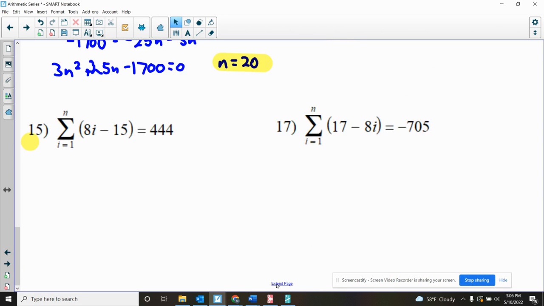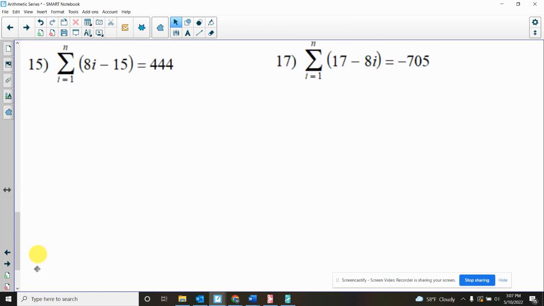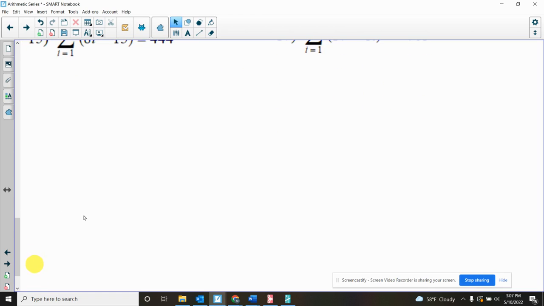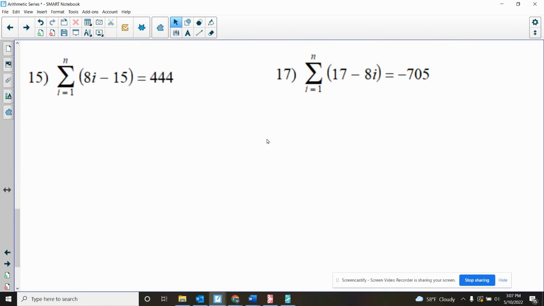Okay, with these next, we're starting with the summation notation. So this is going to be similar to the last one and the one before it, although I'm going to say it's a little easier, because to find your first term, just put a 1 in here for the i. So 8 times 1 minus 15, that's -7.